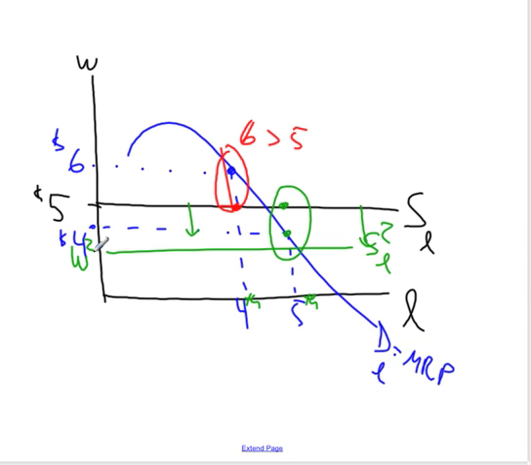The way I've drawn it here, if the new wage was equal to $3, then that fifth worker would now be worth hiring. The firm would hire the fifth worker if wages were only 3.